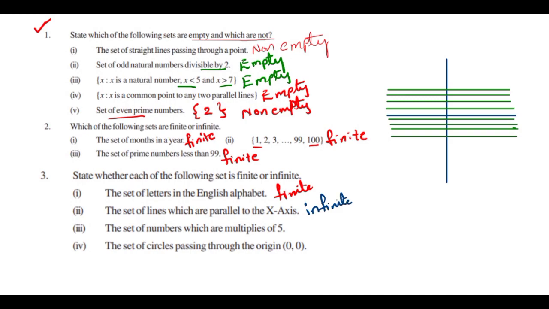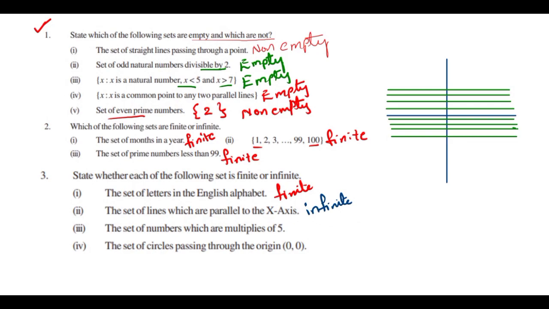Next one, the set of numbers which are multiples of 5. What are the multiples of 5 here? Like 5, 10, 15, and so on. Because they didn't say up to where we should take, like the first 10 multiples, or first 100, or first 1000, or first 10,000, million, billion, we have one end at billion, so it is finite.